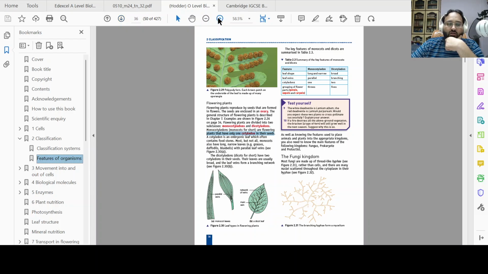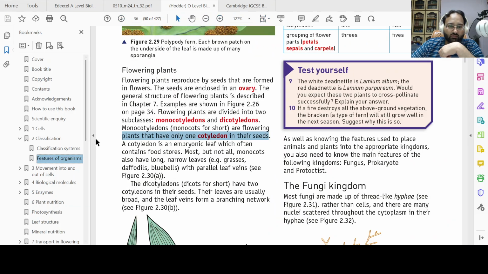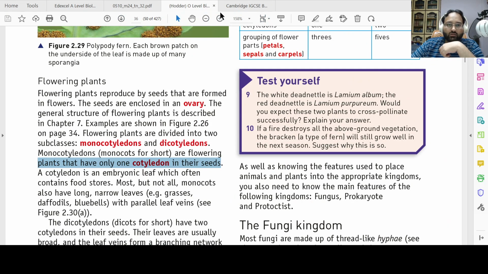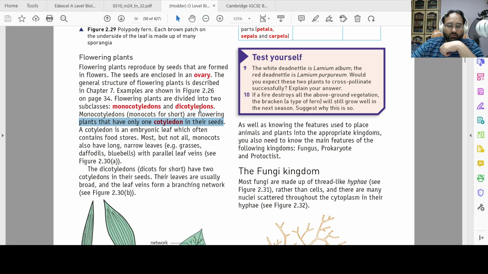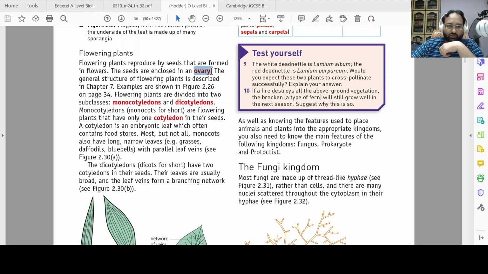Oh, okay, it's given after that. Yeah, that's good. So you can check out other terms such as ovary and everything. So a cotyledon is an embryonic leaf which often contains food stores.